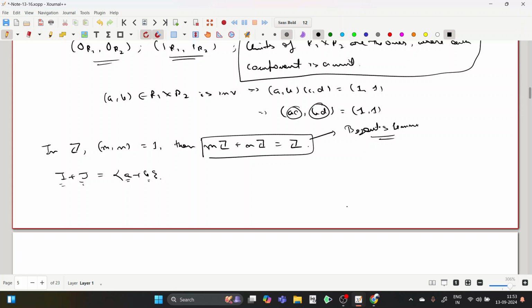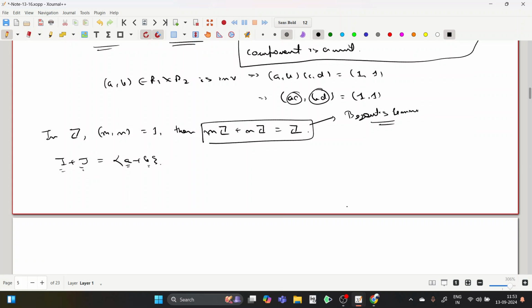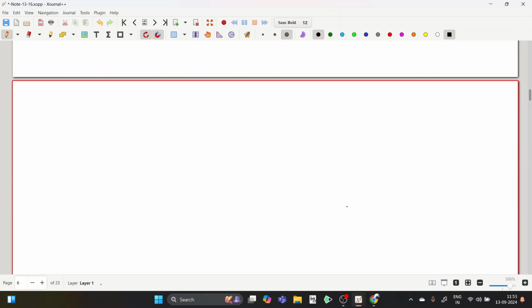So, we will generalize this to arbitrary rings, and this gives us the definition of what we call co-maximality.